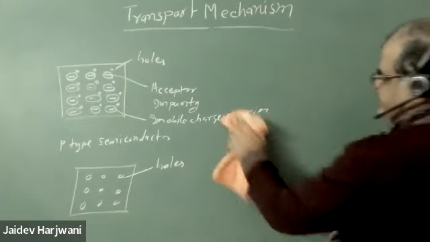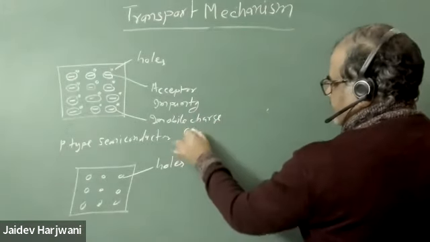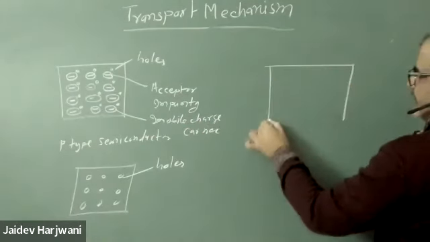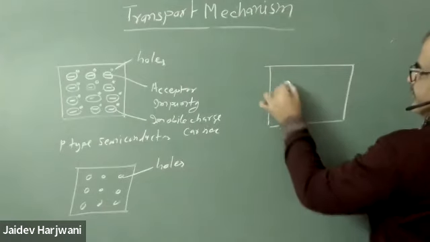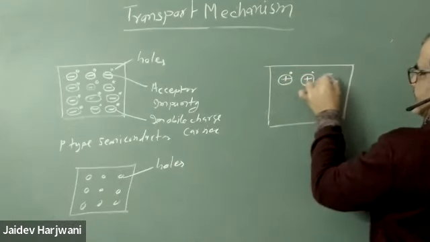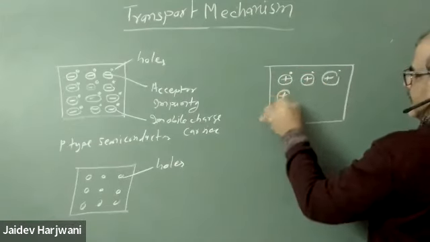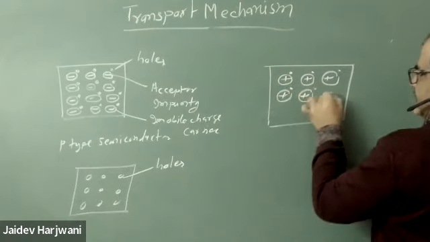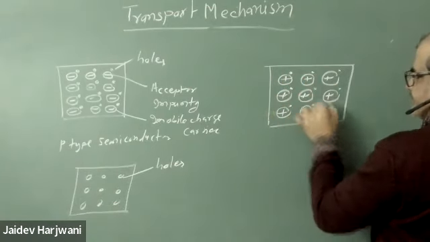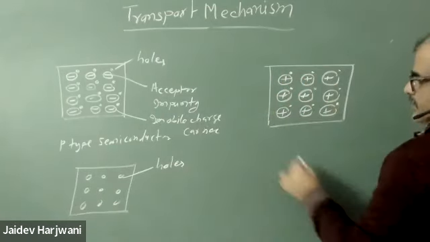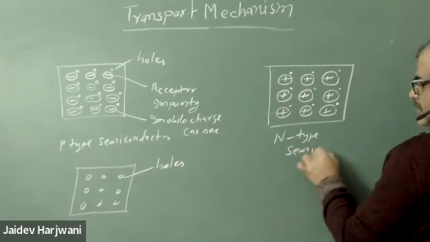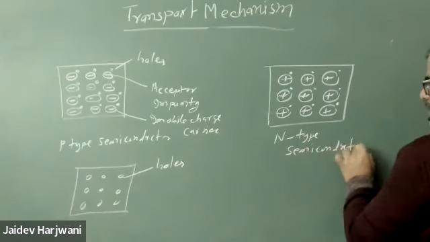Similarly, if you want to represent an n-type semiconductor, in n-type semiconductor you have donor impurity. Donor means once they donate, they become positively charged. This is your n-type semiconductor, which has excess electrons.